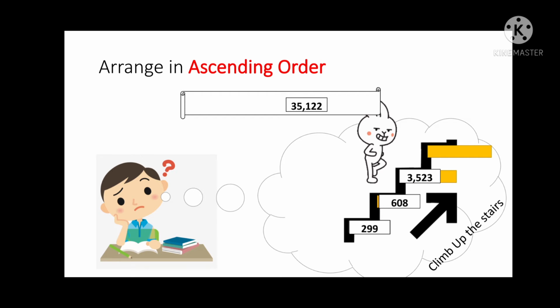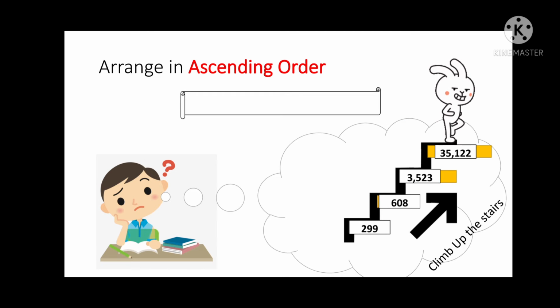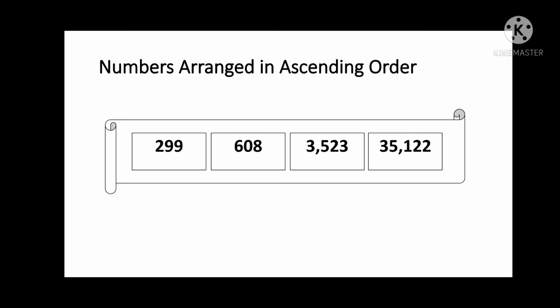So the biggest value number here is 35,122. This is how the bunny ascends the staircase from the smallest value number to the biggest value number. And now we put these numbers in a straight line, like this. This is the correct answer. Very good.